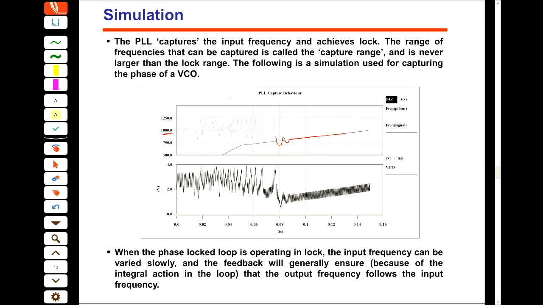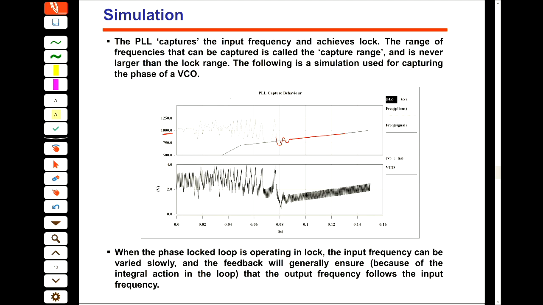And then these two get tracked and go close to each other. And this is the input voltage of the VCO. Again, the error function is changing a lot. For example, you see that from 2 volt it can go to 4 volt and then come back and then go again, because the phase of these two signals are not close to each other. When the phase of the two signals are not close, then definitely it does not get locked.